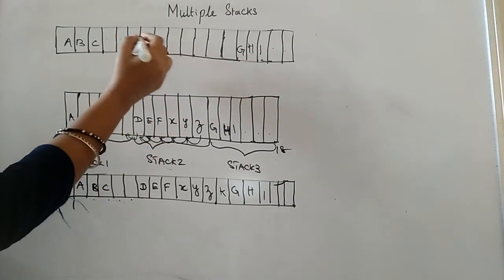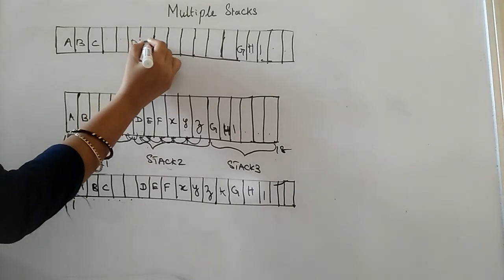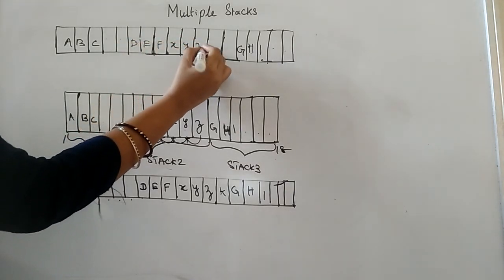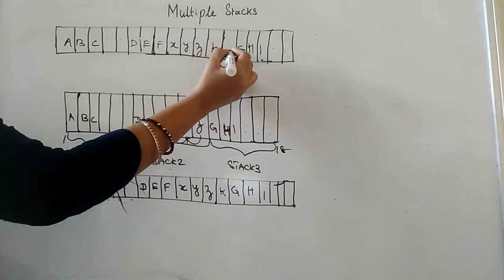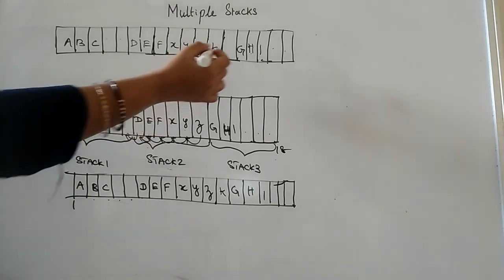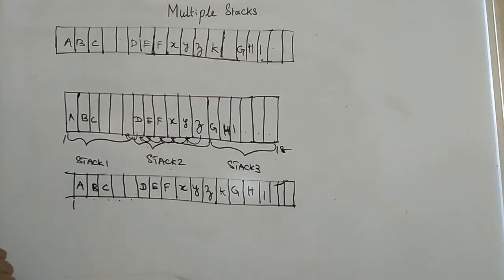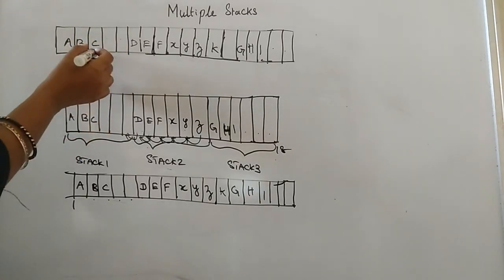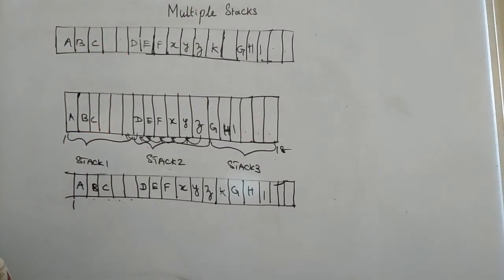And here we are just going to have D, E, F, X, Y, Z, K. Then we got the space here, so here we can push a new element. If we wish to store elements in stack 1, since we are having empty spaces here, we can easily push them, right?